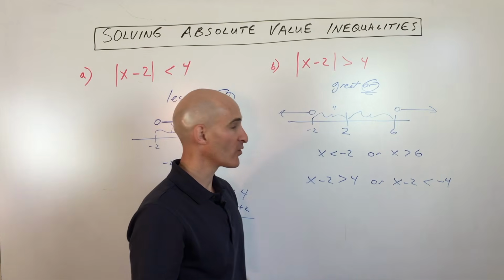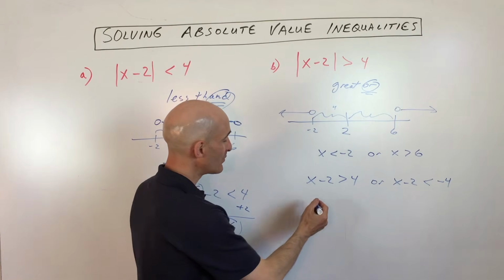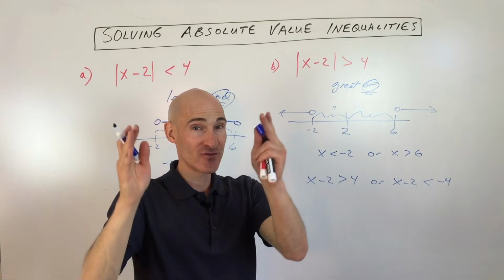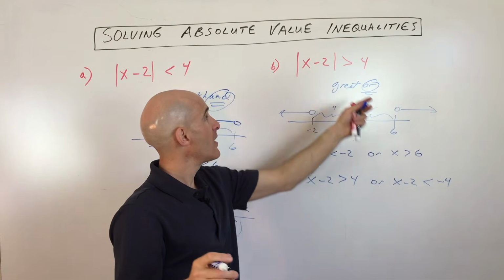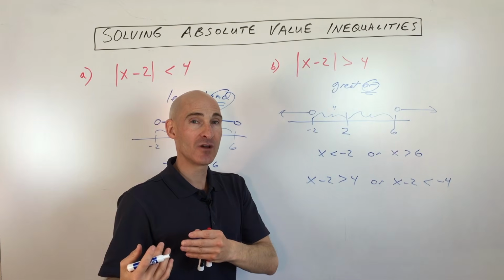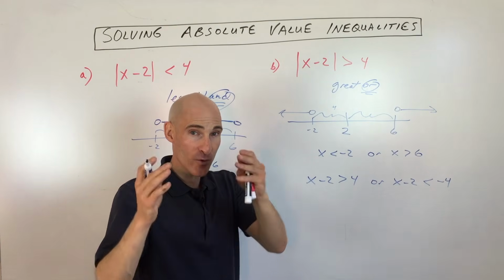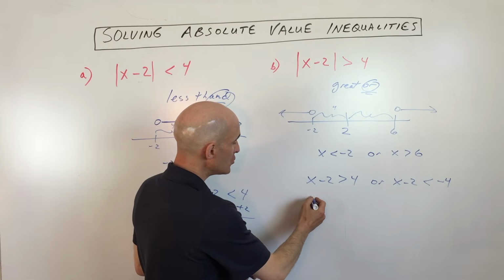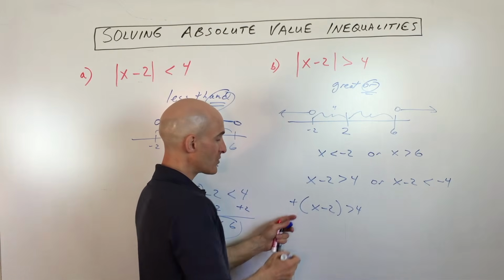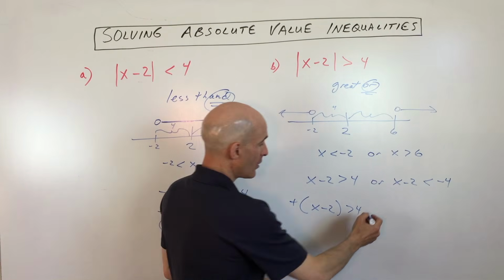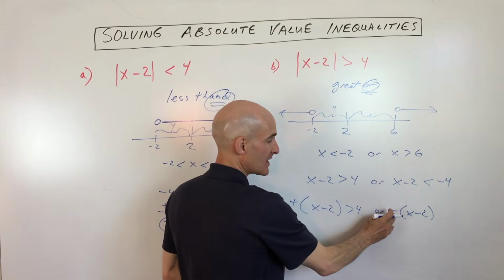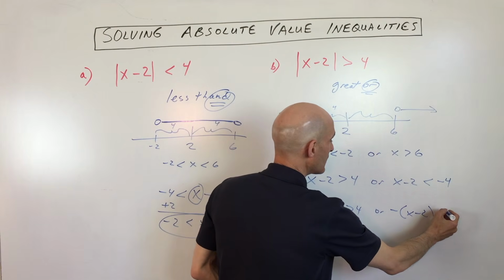Now you might be wondering, why did I do that? Let me see if I can explain. Whatever's in the absolute value, originally, before we took the absolute value, making it positive, this could have been negative or it could have been positive. Now we're working backwards to find out what x was originally before we took the absolute value. So you can say whatever was in the absolute value, we're considering the positive scenario, or it could have been the opposite, the negative of that quantity.